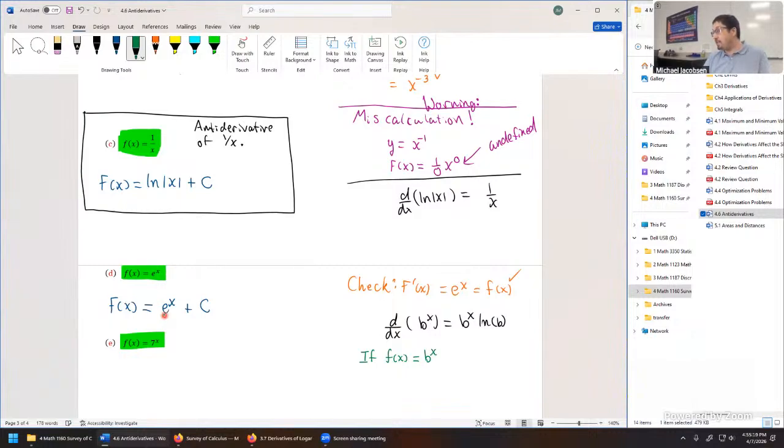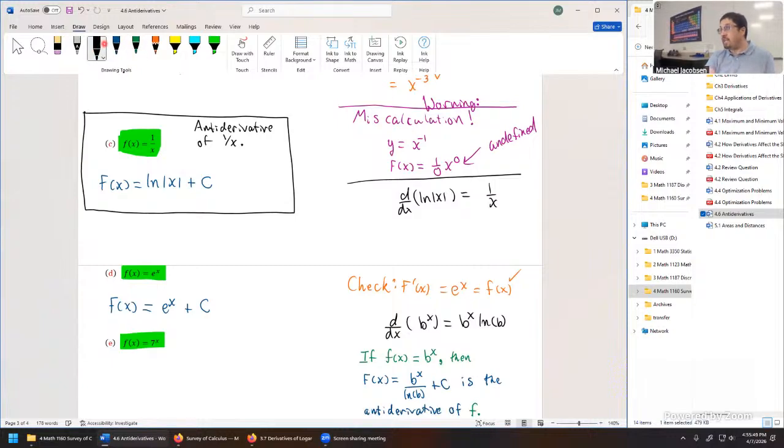So if f of x is equal to b to the x, then F of x equals b to the power of x divided by the natural log of b plus a constant is the antiderivative of f. So that's our next big formula in this box here.